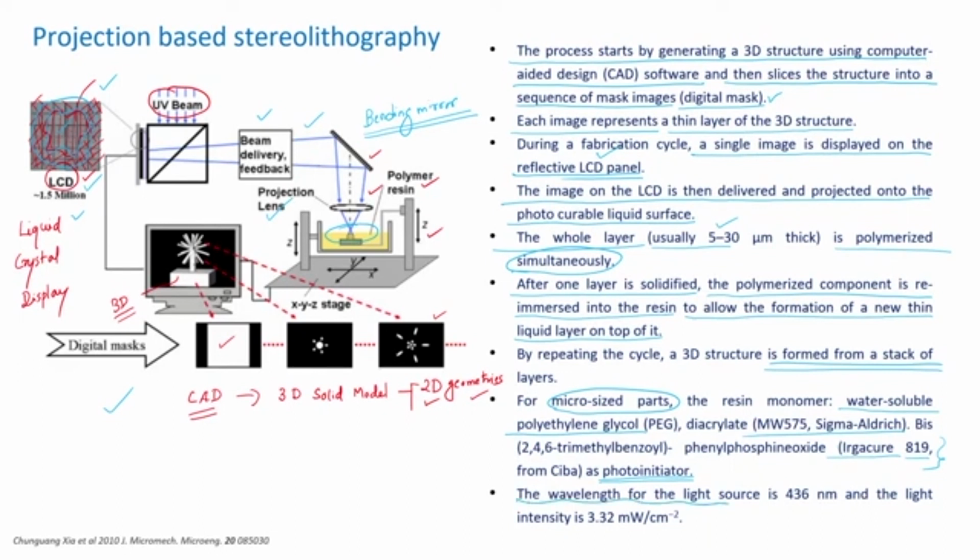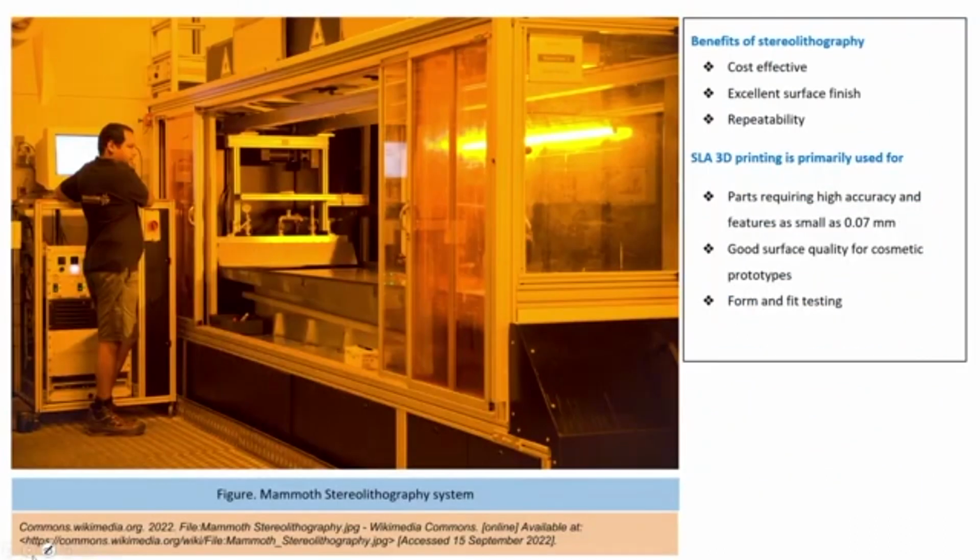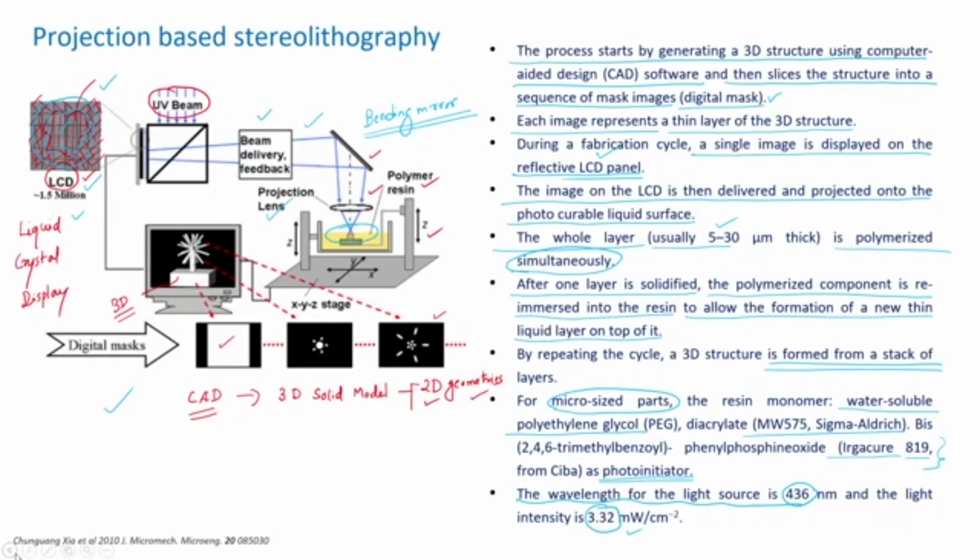The wavelength of the light source is taken as 436 nanometer, and the light intensity is in the order of milliwatt, about 3.32 milliwatt per centimeter square. So, this is an interesting way to create 3D models, and in particular the projection based stereolithography is used for generation of micro components.